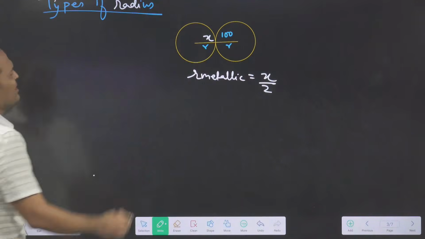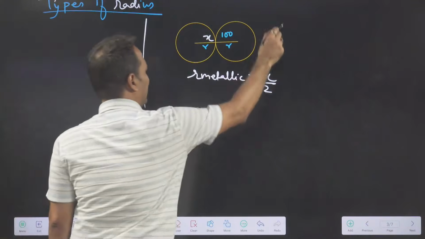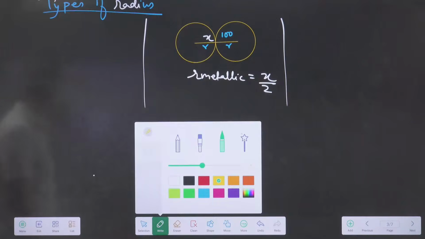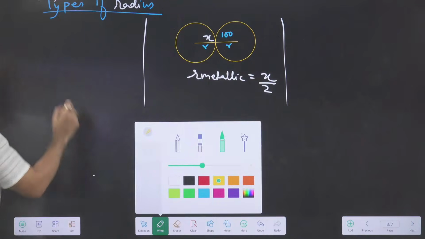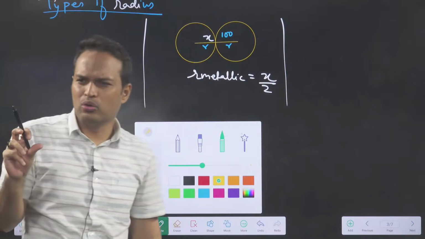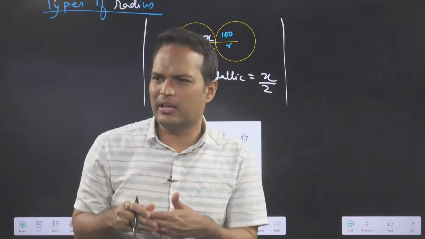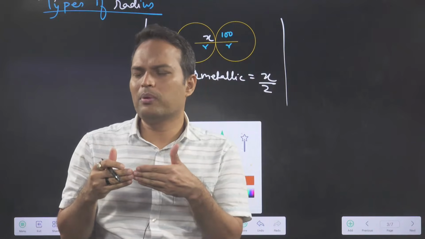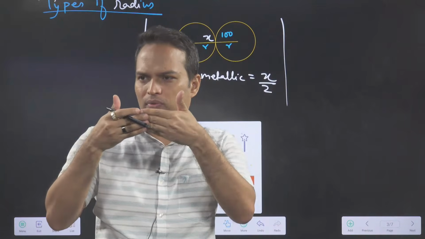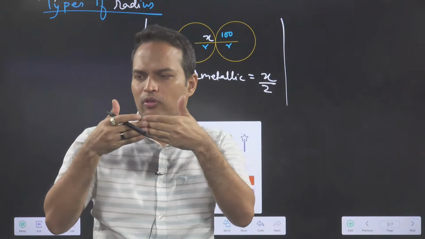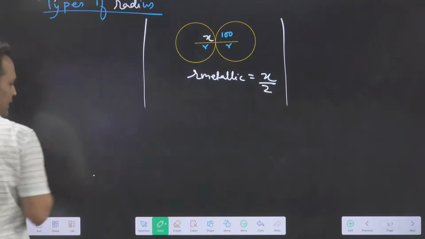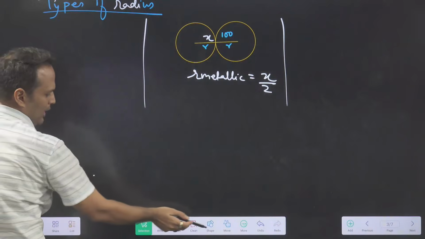Then you will say that this is the metallic radius. What are the other radii? Covalent. In a covalent compound, a non-metal covalent bond is formed by overlapping of orbitals. So in a covalent bond, what will happen?